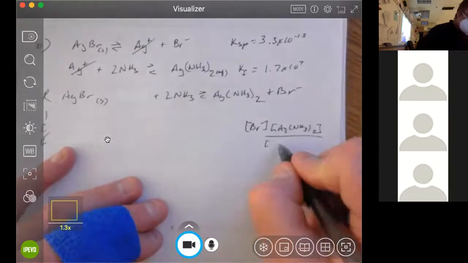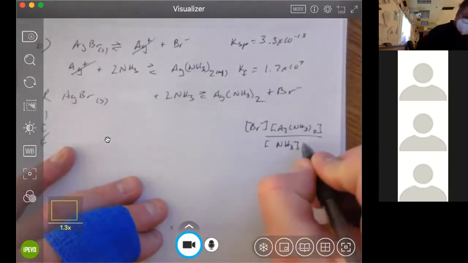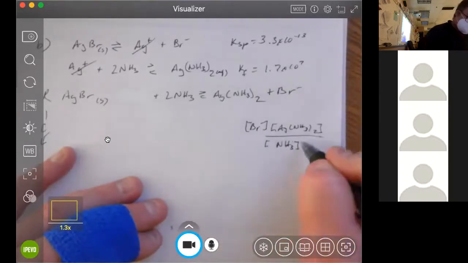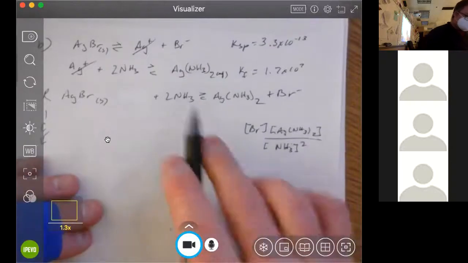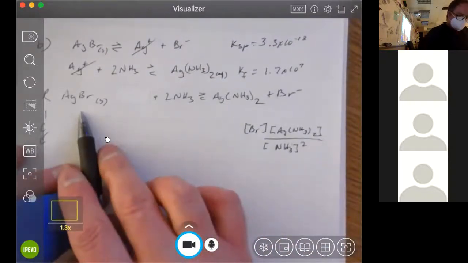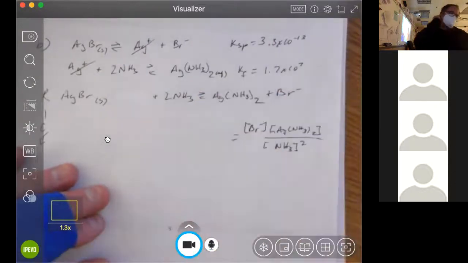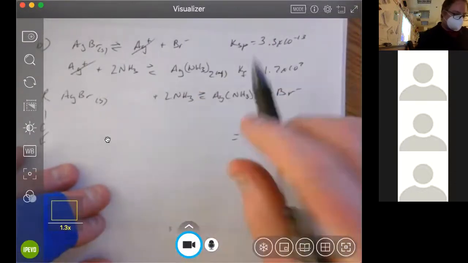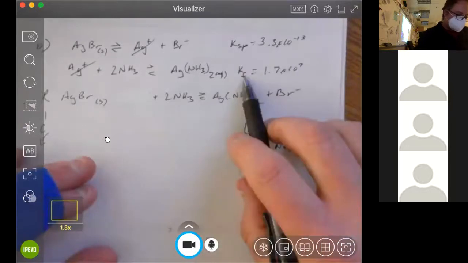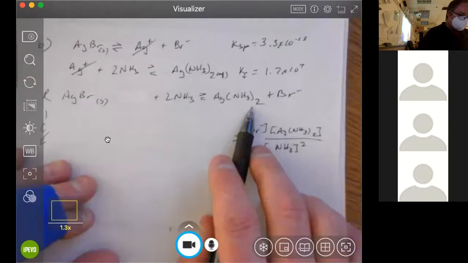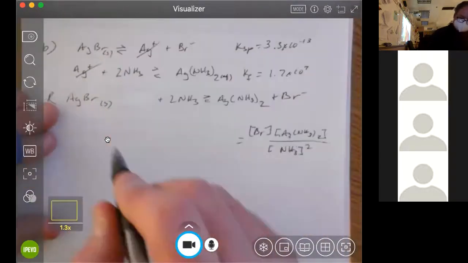And then NH3, and what am I going to have to do to it down here? Square it, because I have 2 right here. So if we take a look, this is going to be equal to our new Ksp, our new K in a sense. So here's our reaction. We've taken out these guys.